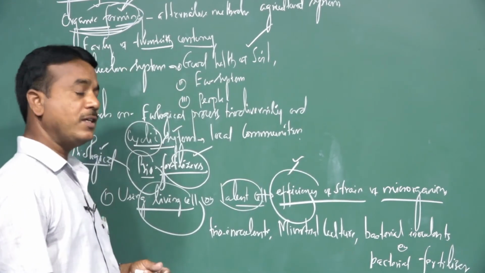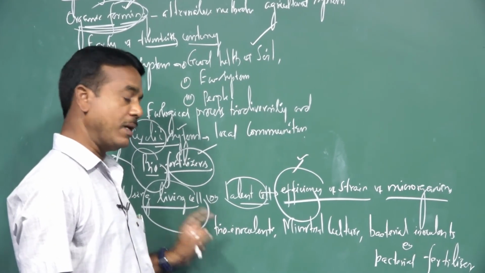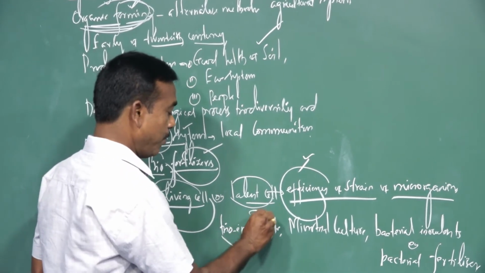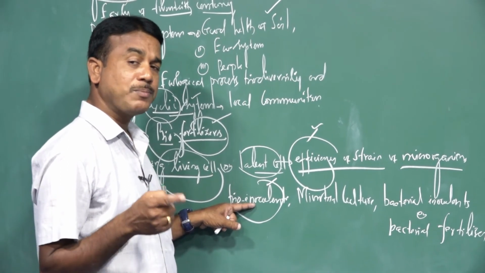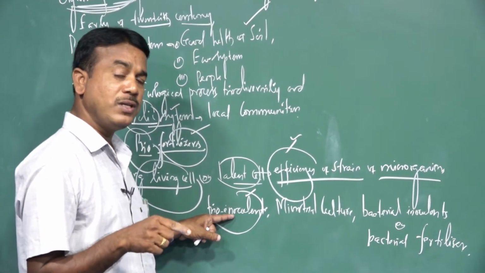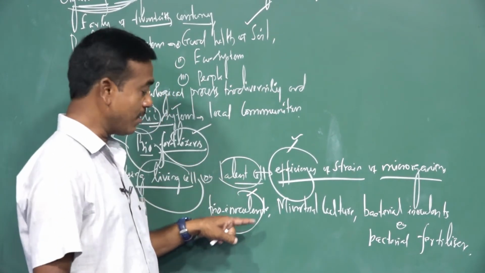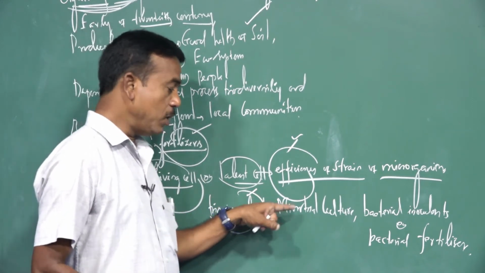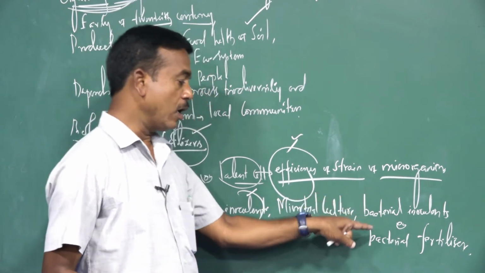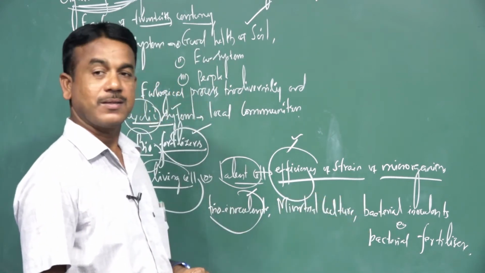What do they call an inoculant? The substance utilized must be present inside the cell. This is called inoculant or inoculation. So: bioinoculant, microbial culture, bacterial inoculants, and bacterial fertilizers.